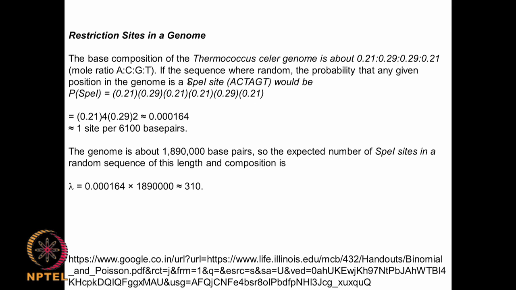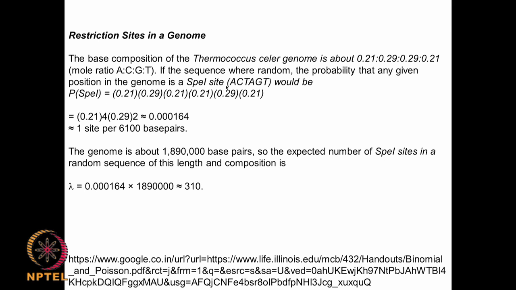If the sequence were random, what is the probability that any given position in the genome is a SpeI site, that is ACTAGT? So, that will be 0.21 for A, 0.29 for C, 0.21 for T, 0.21 for A, 0.29 for G, and 0.21 for T.